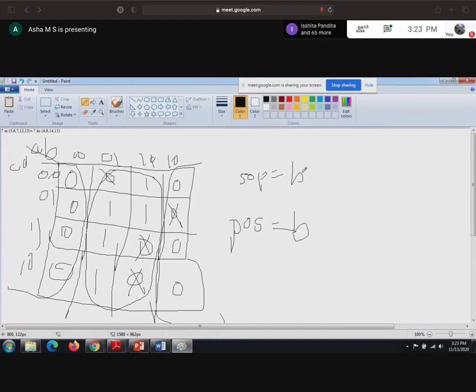Okay. So for this, SOP means sum of products. Actually, you should get the AND gate followed by the OR gate. So here we have only one term, so no need to use the OR gate, correct, right? So use the AND gate.